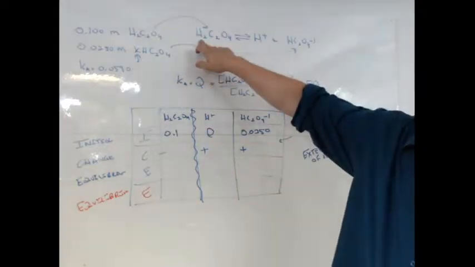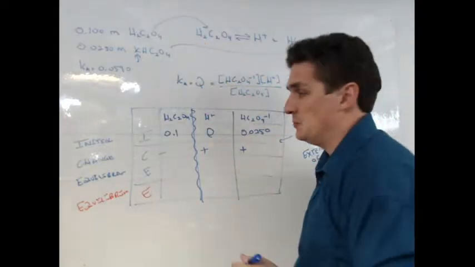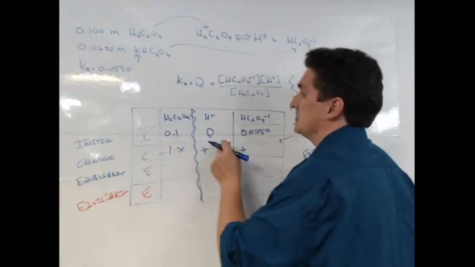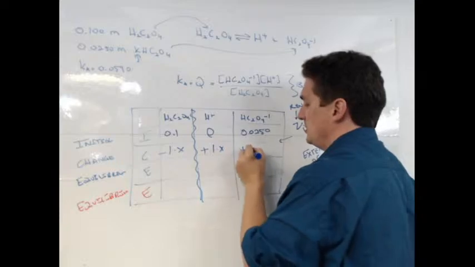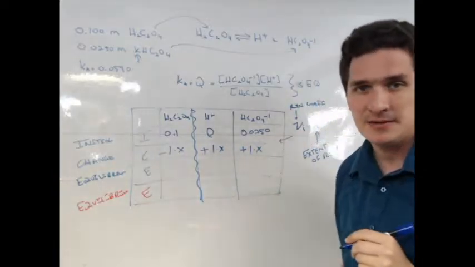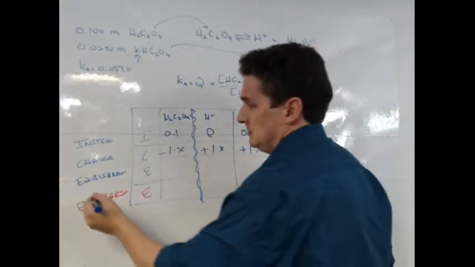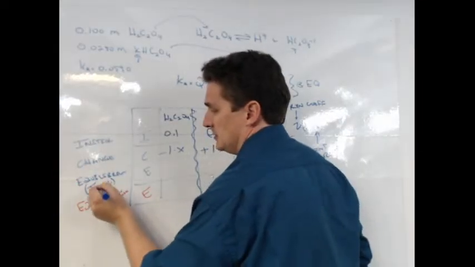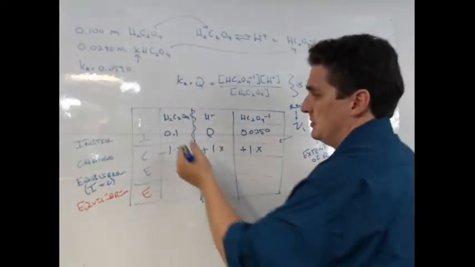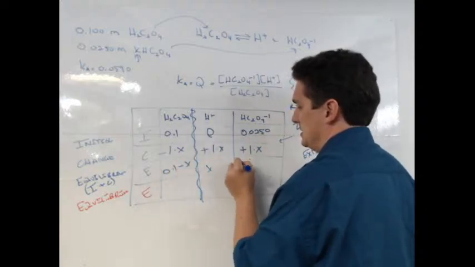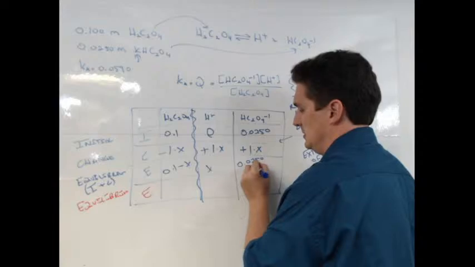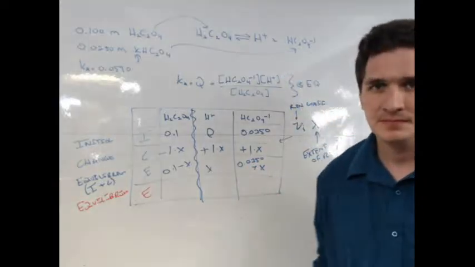So for H2C2O4, the reaction coefficient is 1, so it's 1 times X. For H plus, it's 1 times X, and for HC2O4 minus, it's 1 times X. The E row is just the I row plus the C row. So this is 0.1 minus X, this is X, and this is 0.0250 plus X.